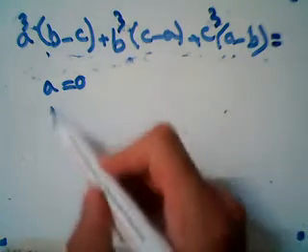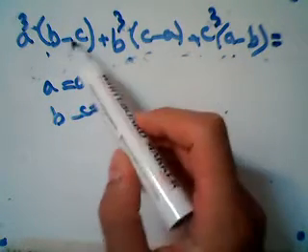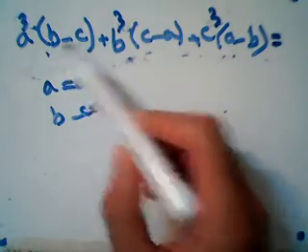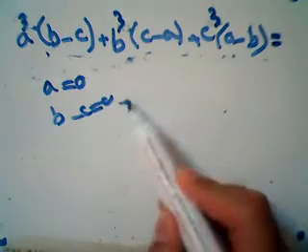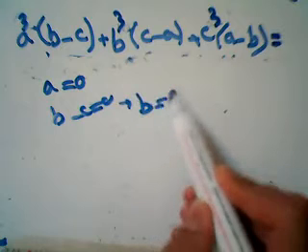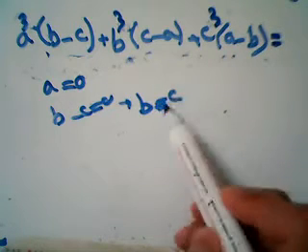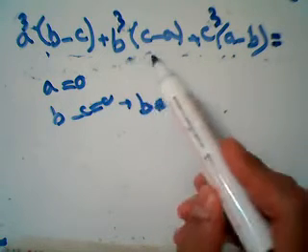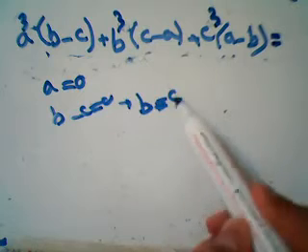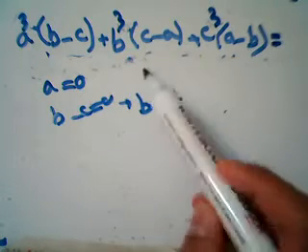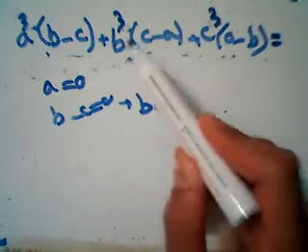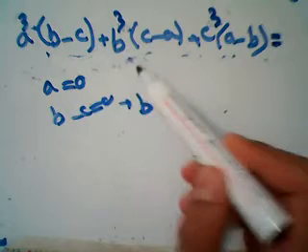How about b minus c equal to 0? So this would be 0, or as in the previous example, b equals c. Here we could substitute c into b or b into c, no difference. So let's substitute c into b.